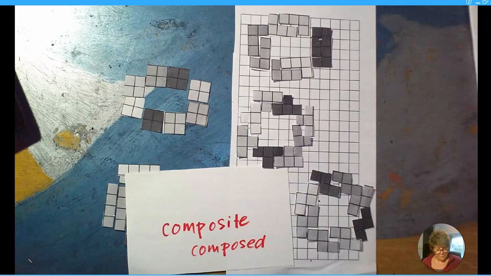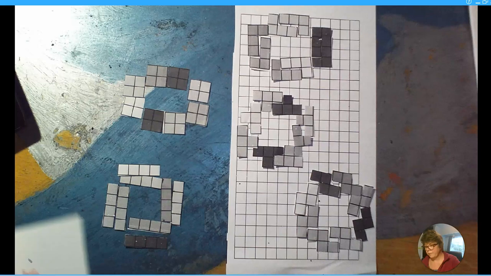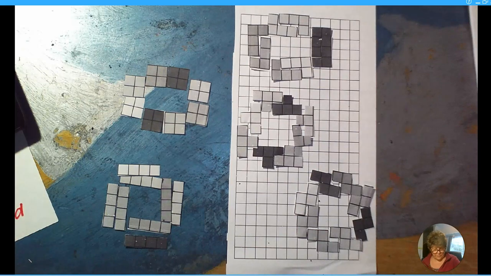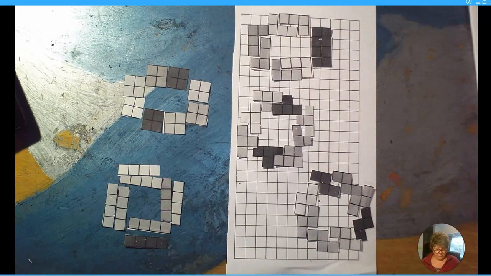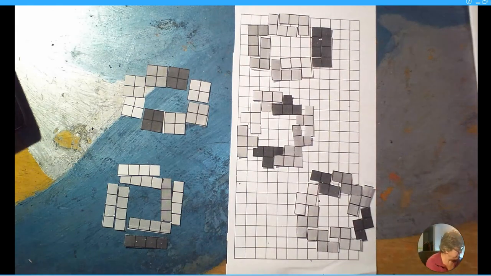If they're all made up of 4 squares, then they have the same area, right? But they are different shapes and they have different perimeters, but they're all made up of 4 squares. So today we are going to determine the area of composite figures with fraction and mixed number side lengths. Okay, so let's jump into it.